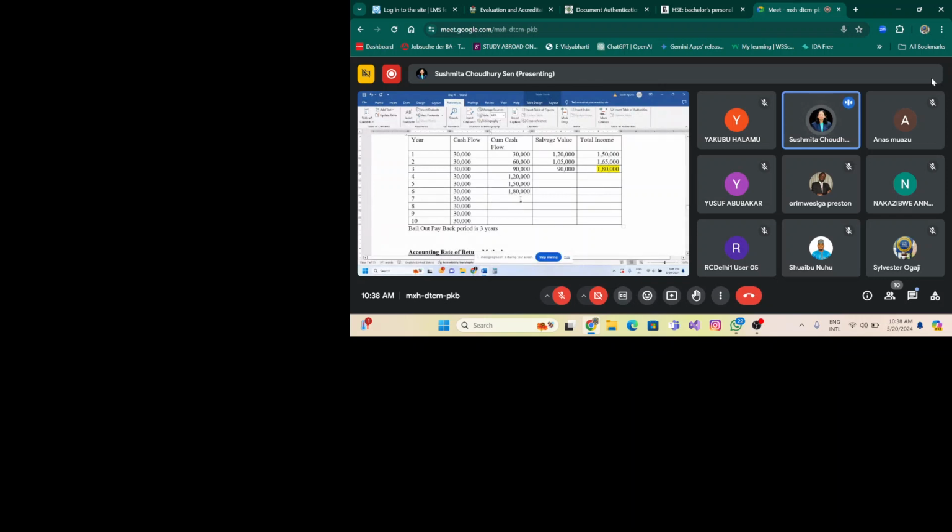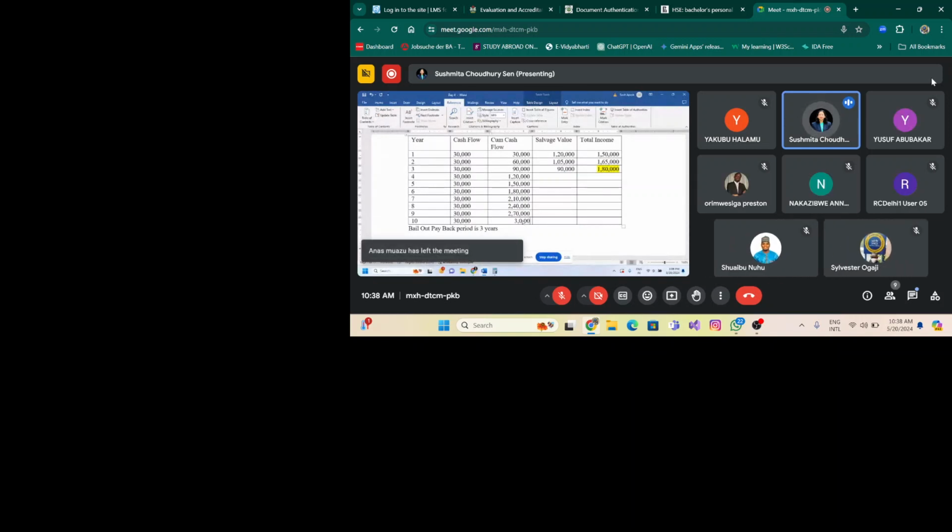Then in the next year 2,10,000, then 2,40,000. This is the earning you are going to get if you are continuing this project for 10 years.